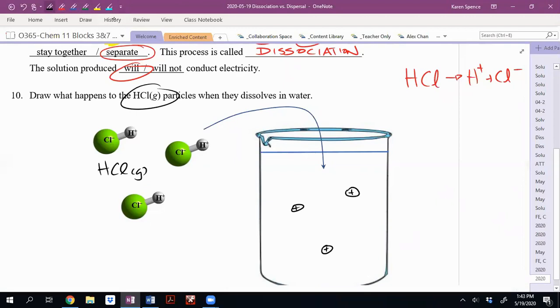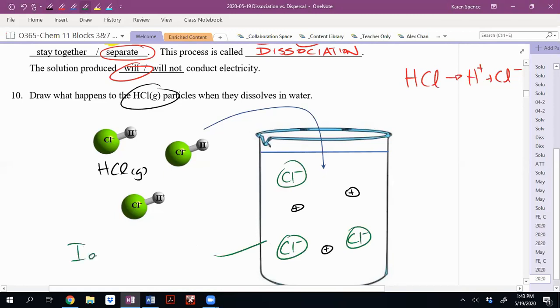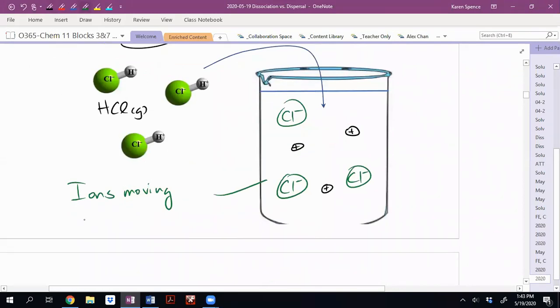And we will have the chloride ions, which are going to be much bigger. And again, these ions can move. The ions are moving all the time. So if we all get them going in one direction, if all the positives go one way and all the negatives go another way, then we have electrical current.